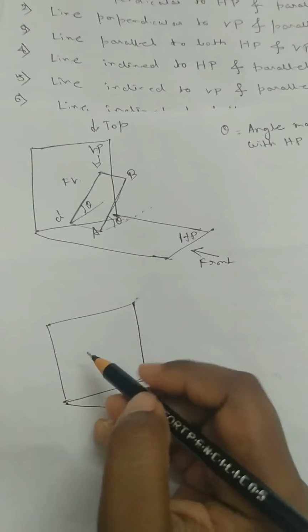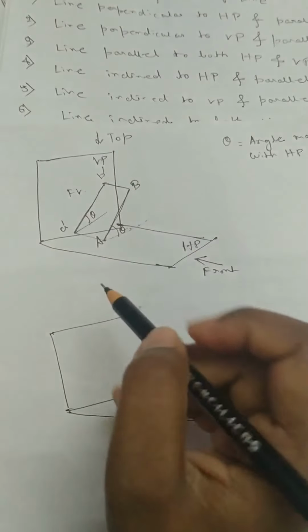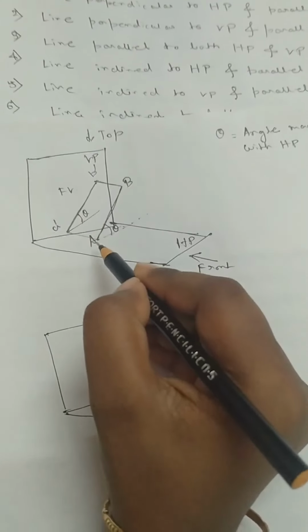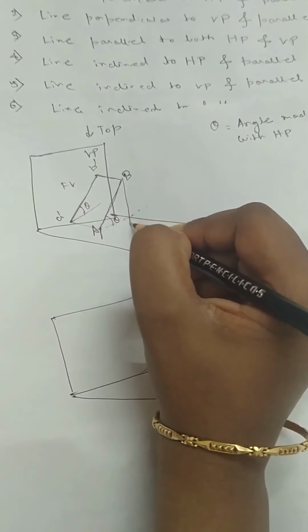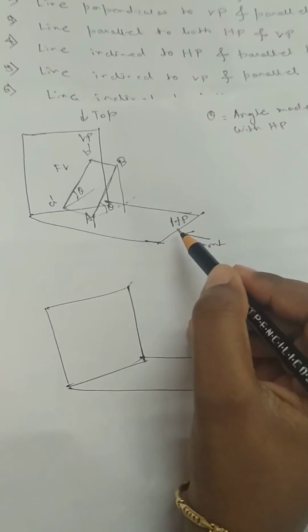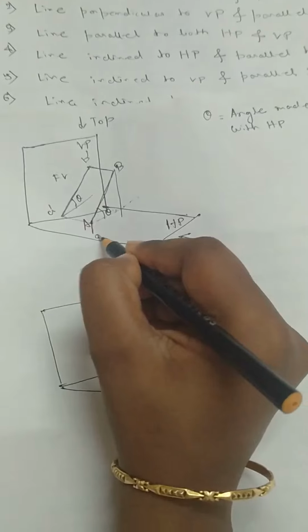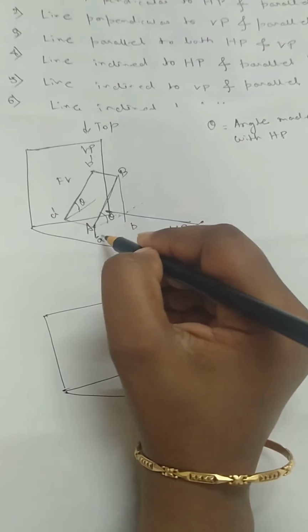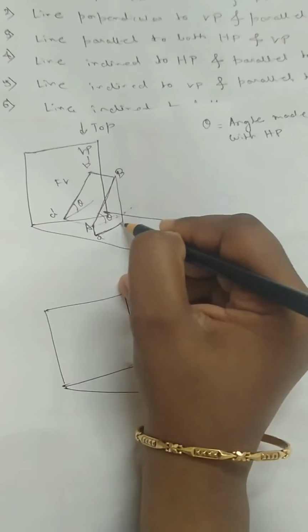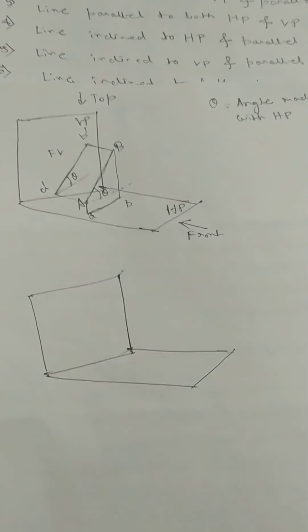So now we are going to see from top. We will extend this AB point which will intersect our HP plane as A and B. So this line will be AB.